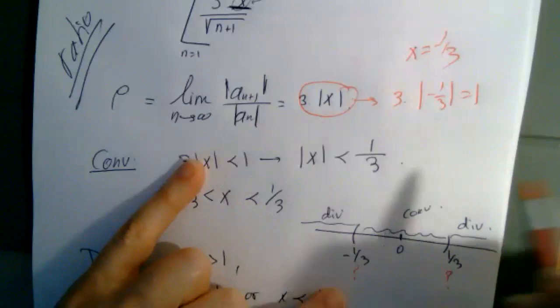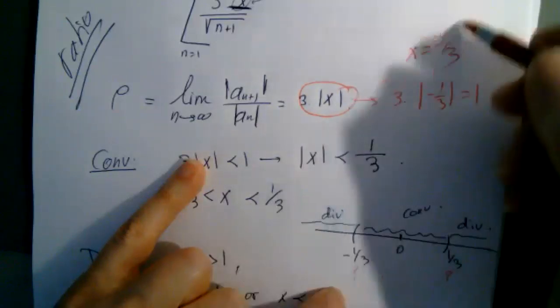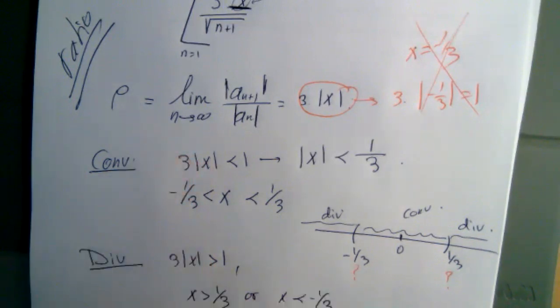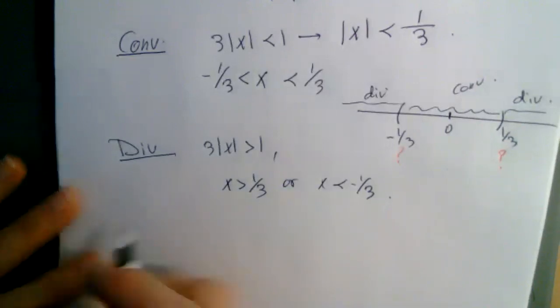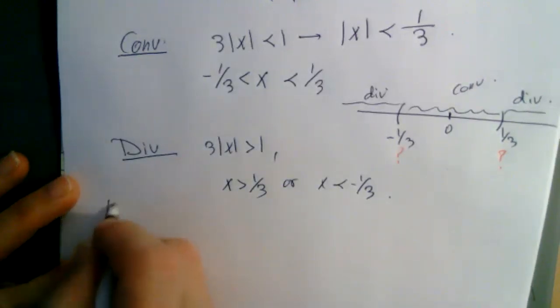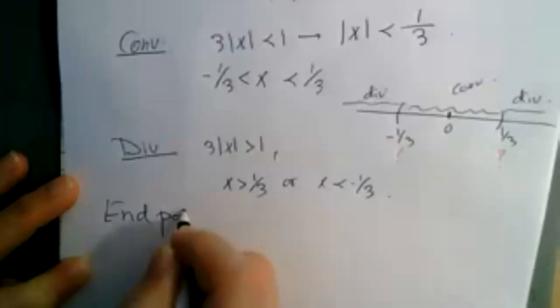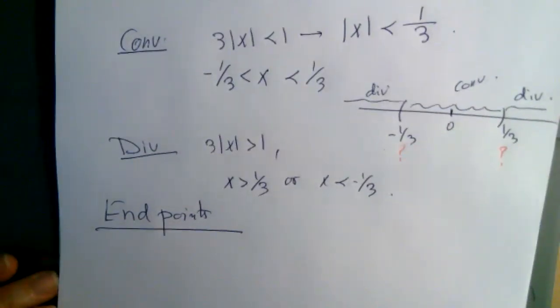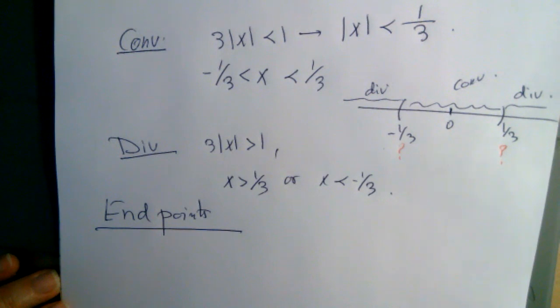It means the ratio test at x equal to minus a third will necessarily fail. So let us see what happens. How do we treat the endpoints? Now, the endpoints, I mean minus a third and a third. I'm going to take each one of them and figure out what happens.